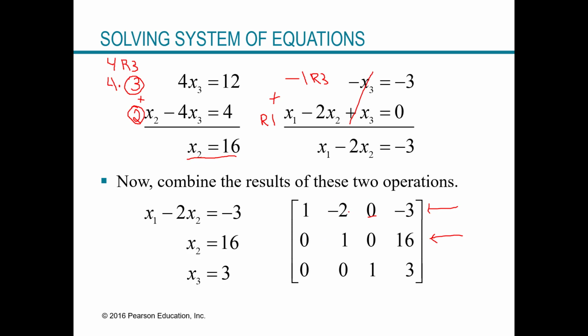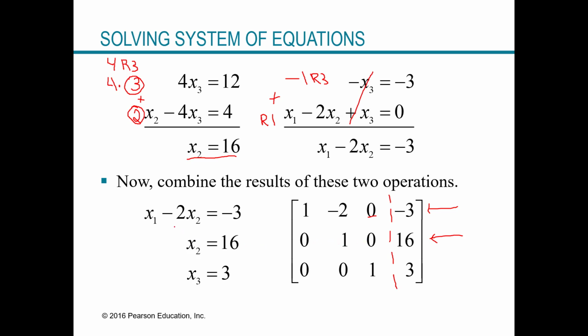Okay, and so we want to do one more thing to finish this, is we want to turn this negative 2 into a 0, because remember, we want zeros everywhere except the diagonal in the answer column. So I'm focusing on this very last spot. I want that to be a 0. So let's think about how we can do that. The only actual equation we can use is equation 2, or row 2.